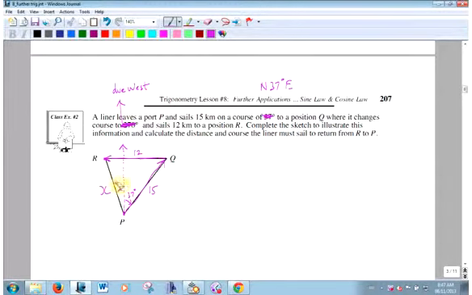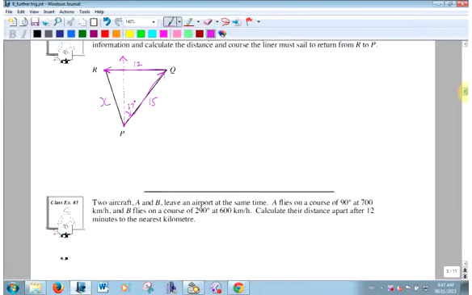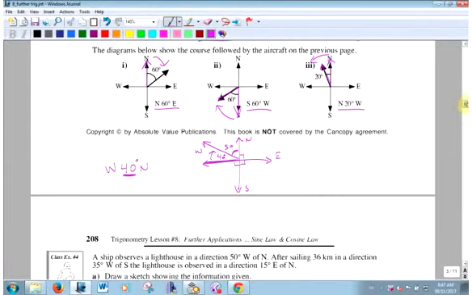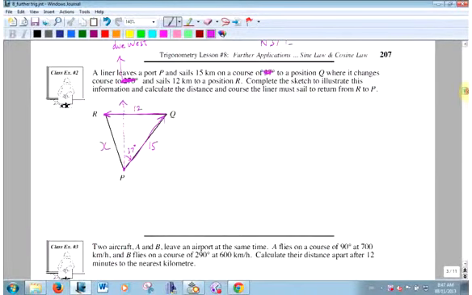What do I know here in this triangle? Hang on. Let me just emphasize something here. These are all right angles, right? Okay, do we see a right angle here somewhere? There's one. How does that help me?